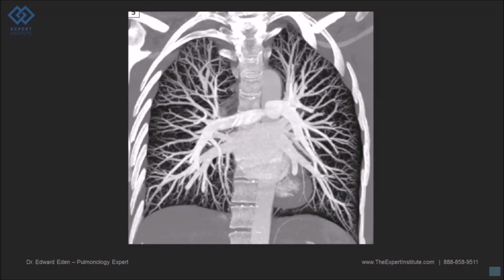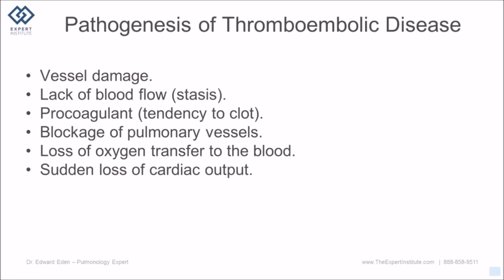But once a person has a sufficient amount of clot going to the pulmonary vessels, then it depends on the physiologic impact that those clots are going to have on the patient. So small clots are often asymptomatic, and usually it's the larger ones that cause symptoms and problems.